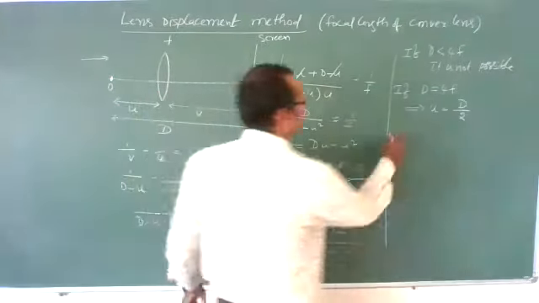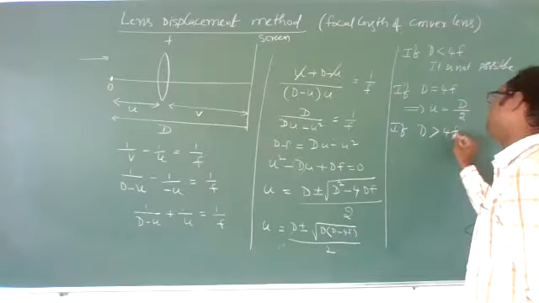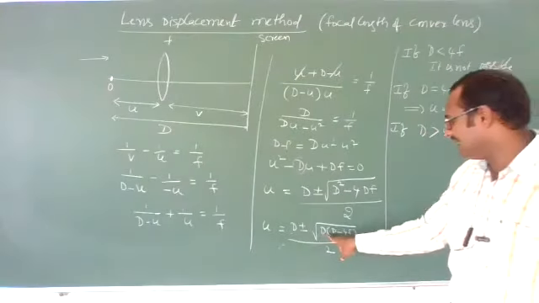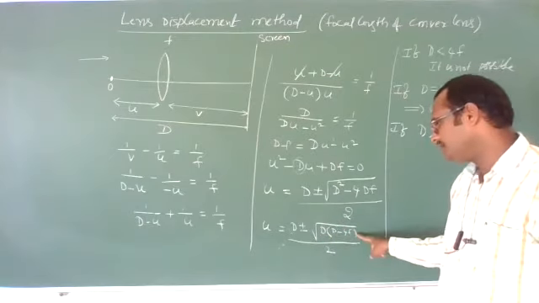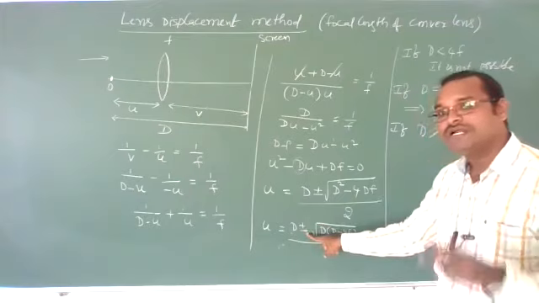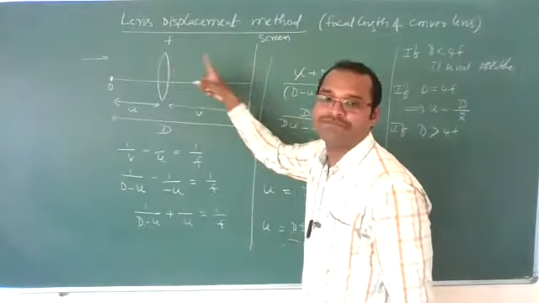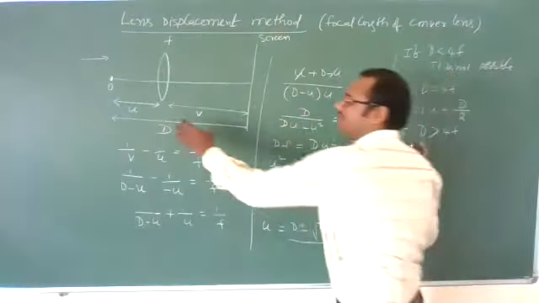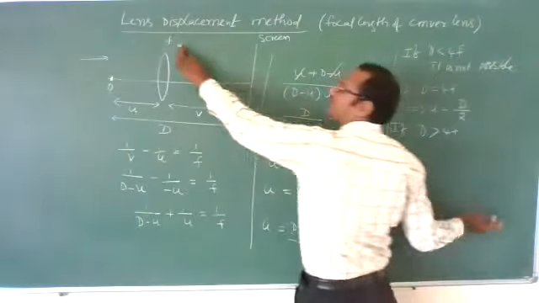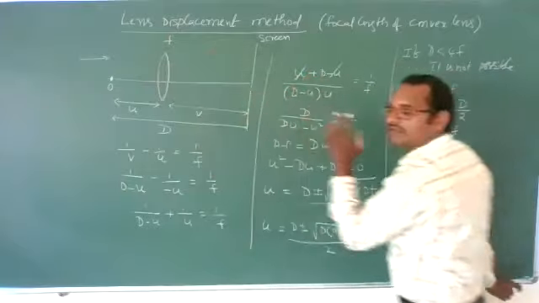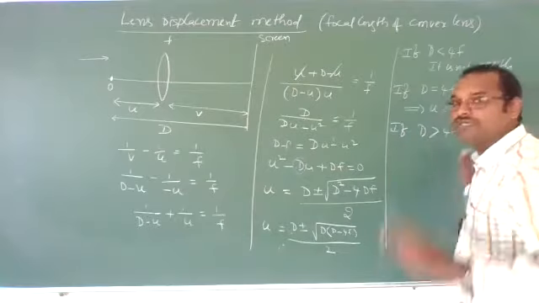If the condition is D greater than 4f, then this will be positive. Plus or minus is there, means you are getting two values of u, so 2 times you can get the image with this lens. If we keep this capital D distance more than 4 times the focal length, you will get 2 solutions.